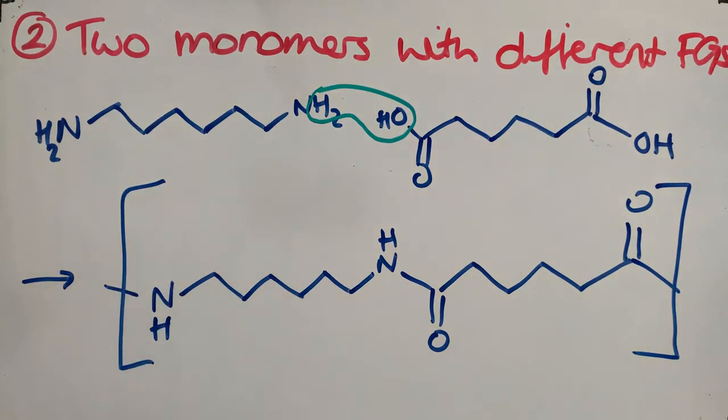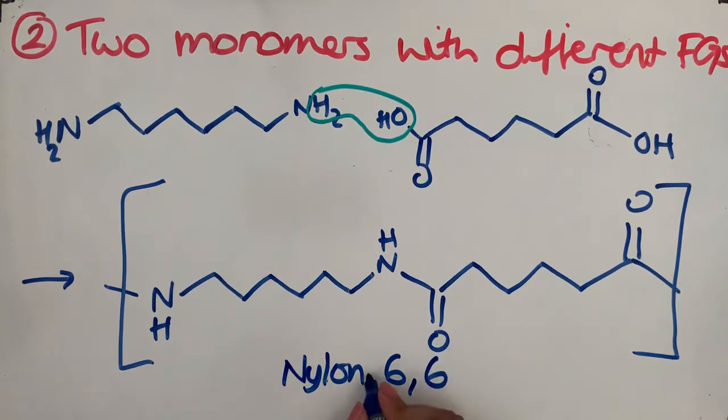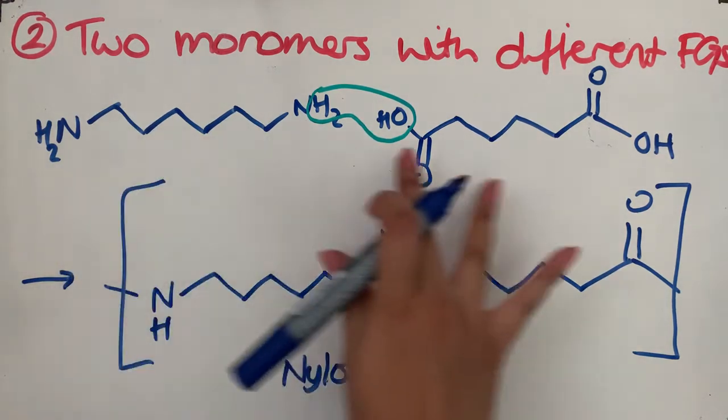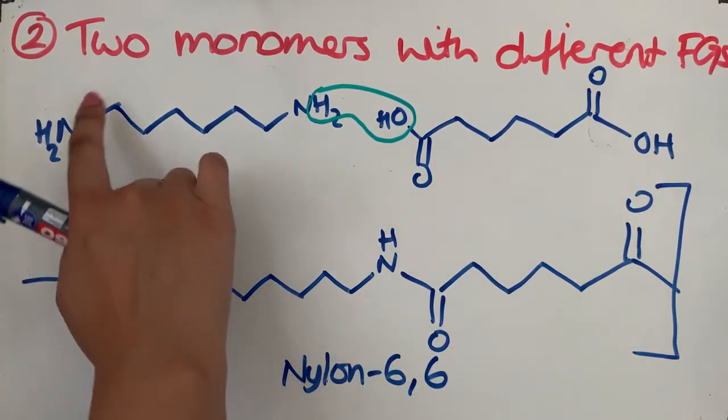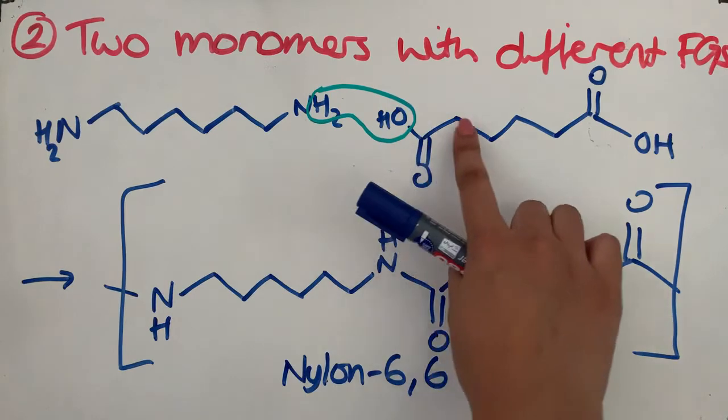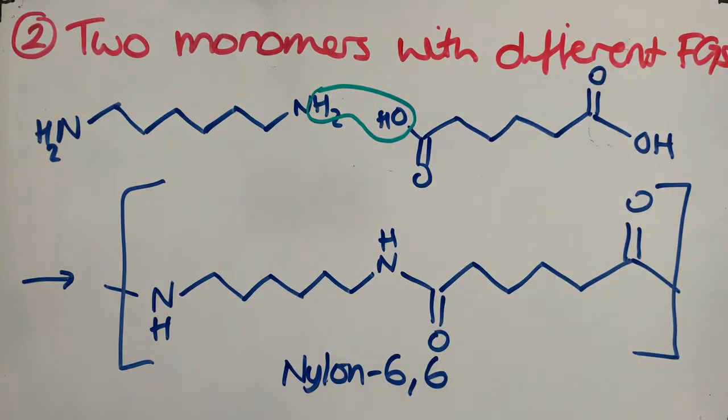Like so, and this molecule here is known as nylon 6,6. Reason being is because in both of these monomers, so this one over here had 6 carbons in it, this one over here had 6 carbons in it, so therefore this is an example of nylon 6,6, each 6 belonging to the type of monomer that made it. Okay, and obviously you release a water molecule as well.